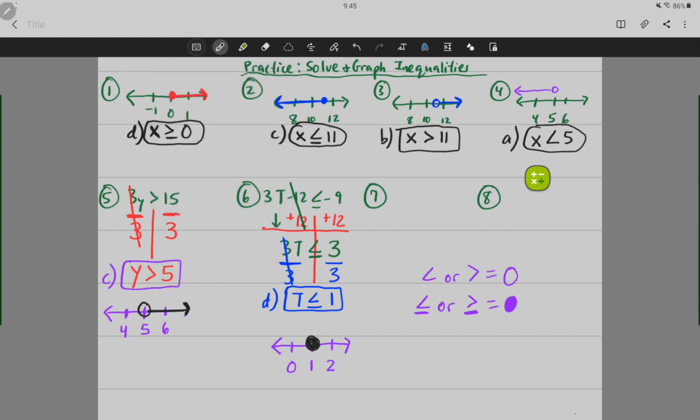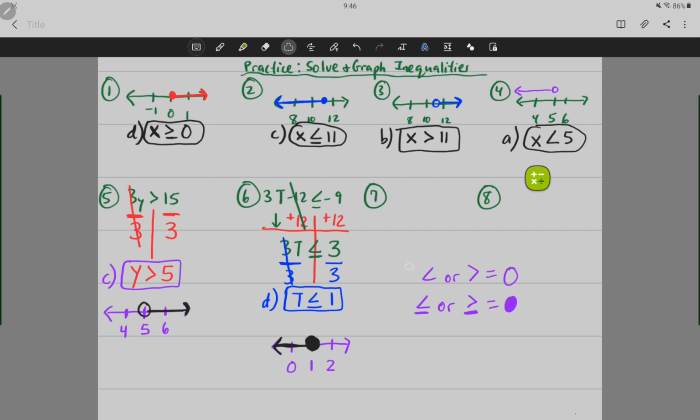It's closed now. And remember our little trick: we put the symbol, we draw the line, and it will tell us the direction to go. So we have to go to the left, since numbers smaller than 1 are to the left. Okay, and now we are done with number 6.